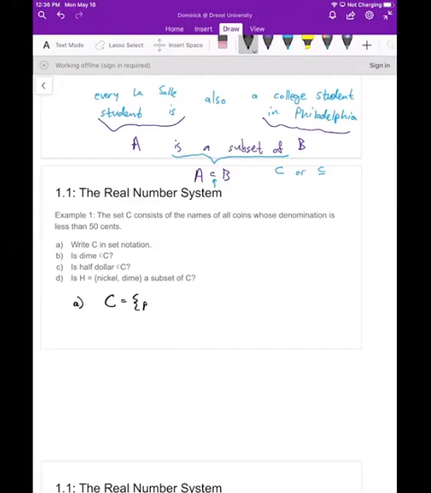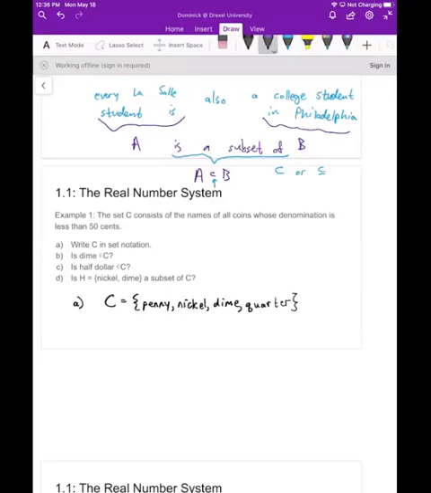So of course the first one is the penny, because that's just 1 cent. We could also go nickel, dime, and then of course the quarter. Now, since this set wants coins strictly less than 50 cents, we don't want to include the half dollar here. So those are going to be our elements belonging to our set.